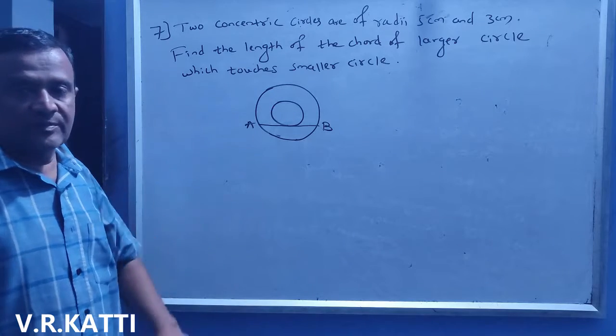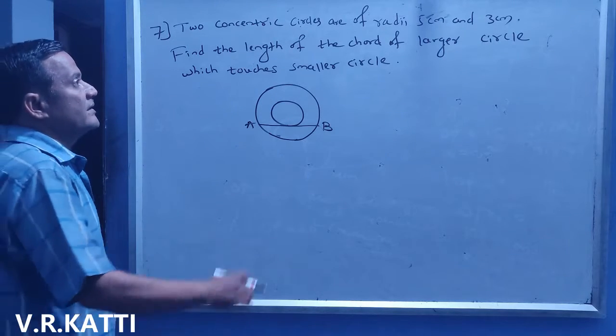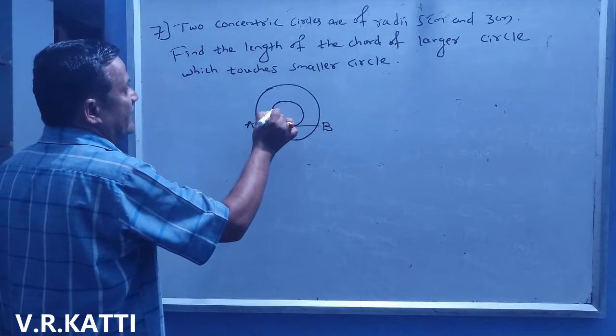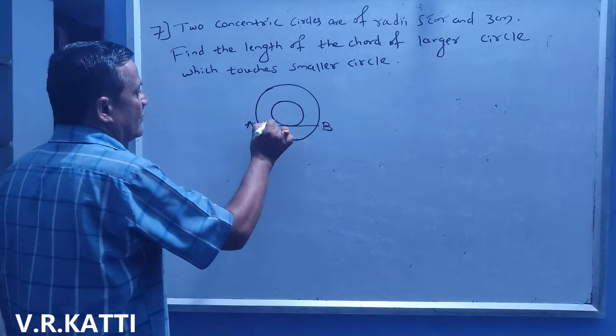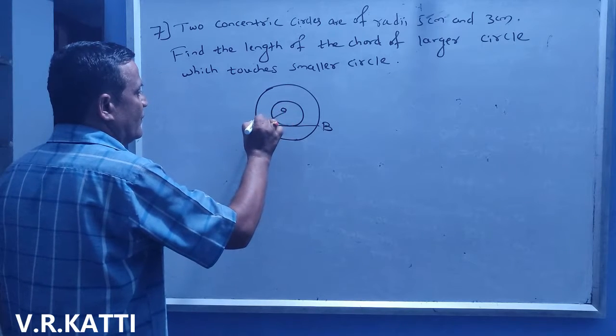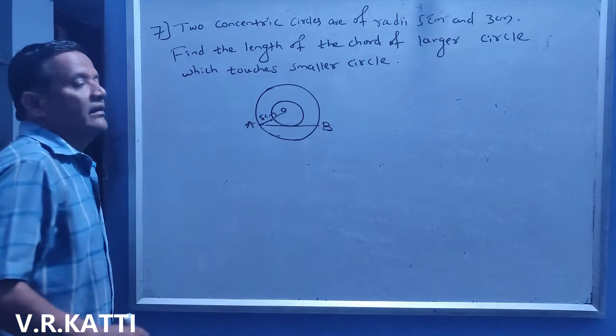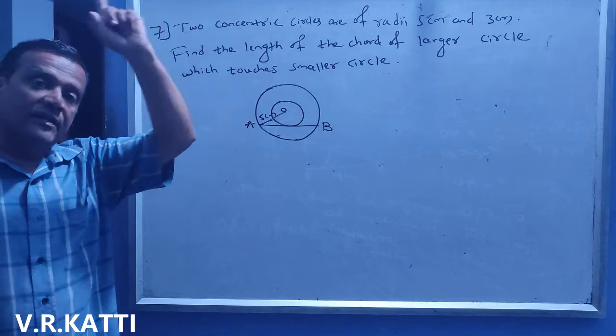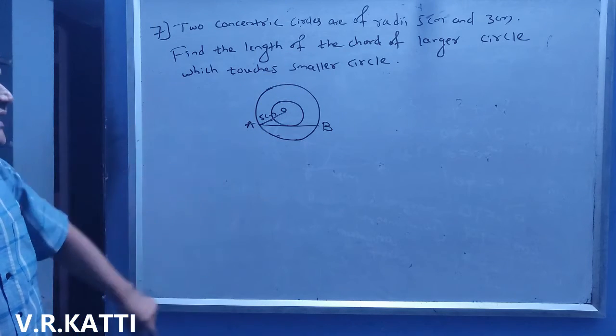So it touches the smaller circle. O is the center. The radius of the big circle is 5 centimeters.